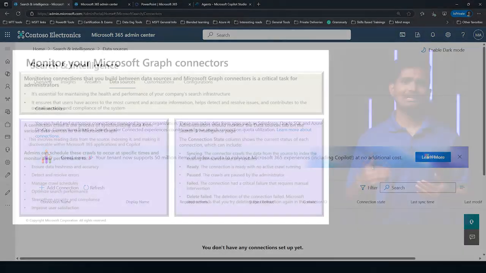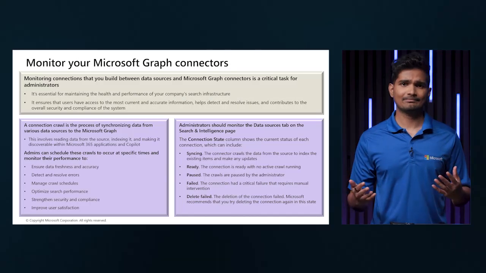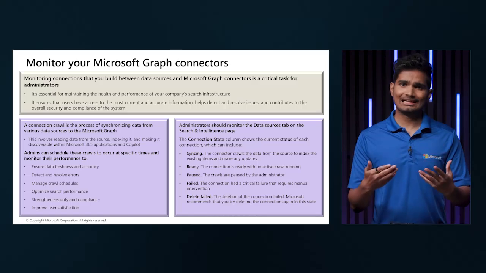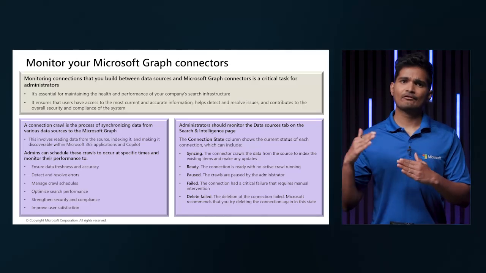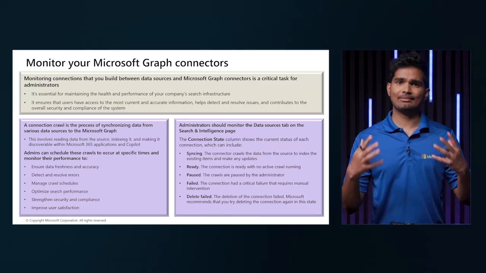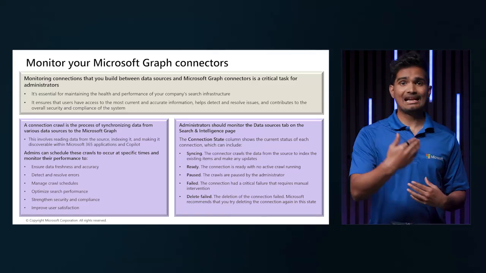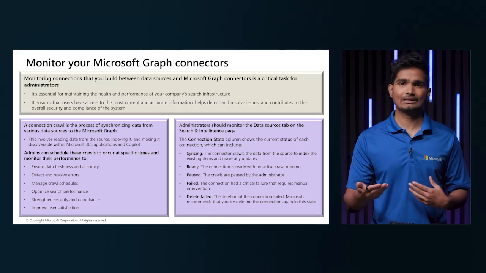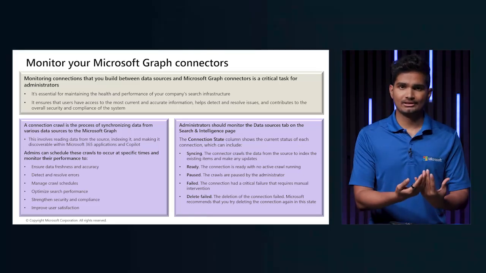The statuses can be the following. Syncing. The connector is actively crawling data from the source to index existing items to make updates. Ready. The connection is ready with no active crawl running. Paused.